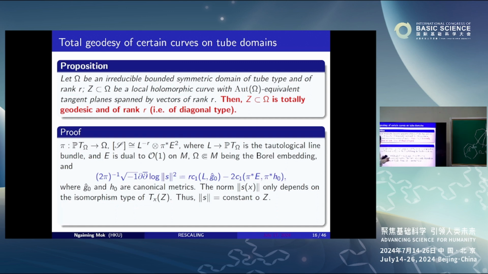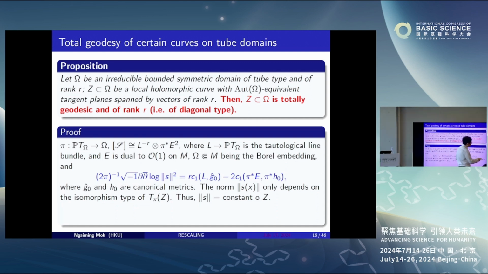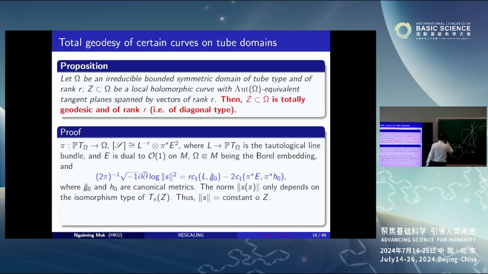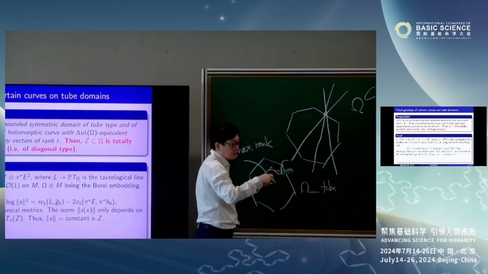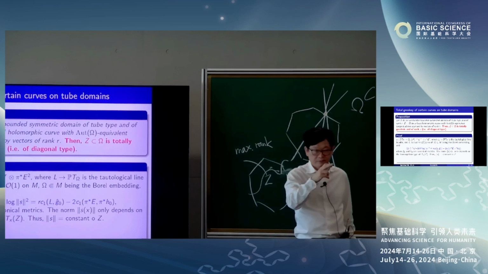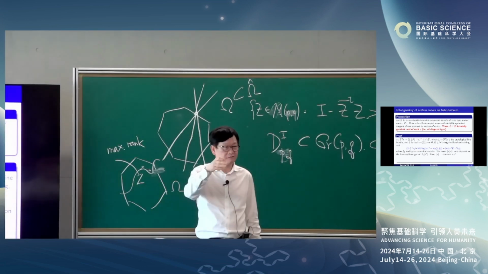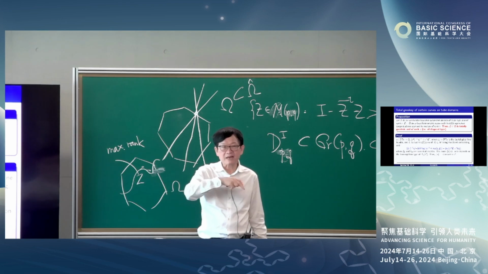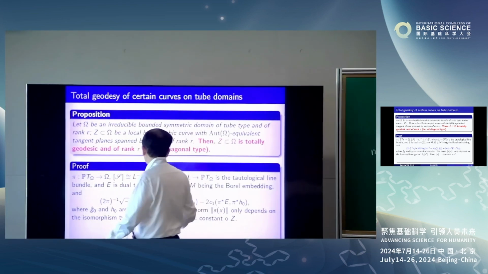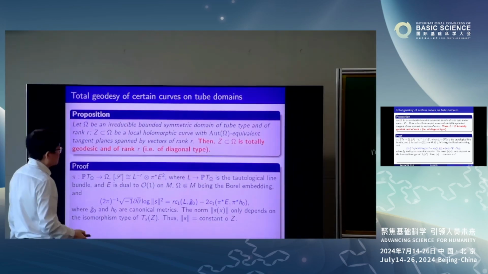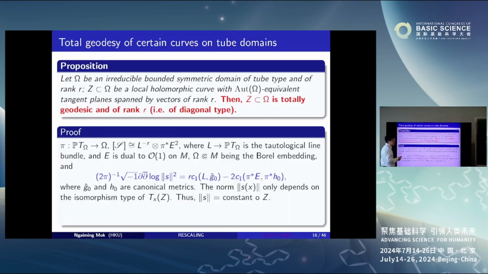The reduction of this to the tube domain case, and this is not just tube domain, you have to have this as maximal rank. Because in the polydisk of dimension r, there are different geodesics. The maximum one means the diagonal. The reduction is done by, it's an integrability problem.